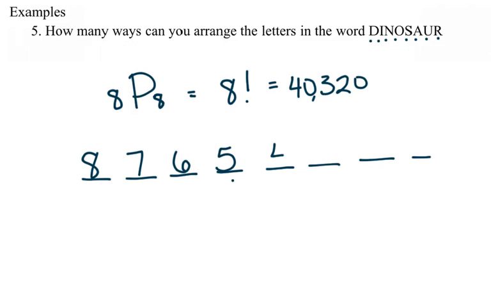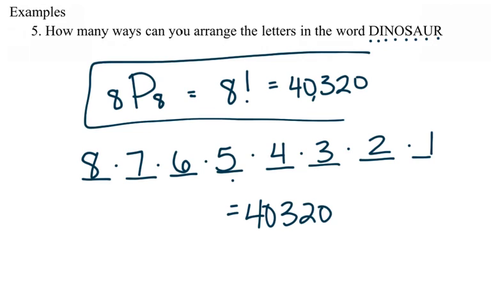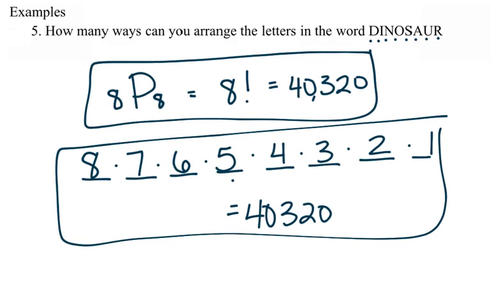The next ones have 5, 4, 3, 2, and 1. And if you multiply that all together, that's the same thing as 8 factorial, which is how you get 40,320. So you can either do it this way, which is just the formula, or you can write it out if it makes more sense this way.